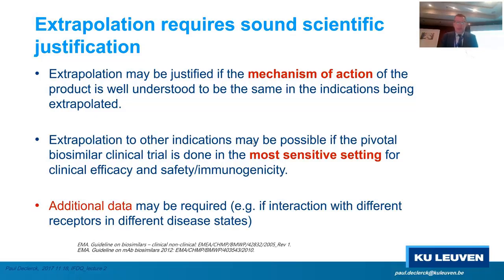Sensitive in the idea that you should be able to detect possible differences in this particular setting if there would be differences. That's also the reason why, for instance, early breast cancer is a more sensitive setting, because the chances that you will detect differences are higher in this study population. There will always remain some questions, so in many cases, after approval, you may have to submit additional data to confirm the justification for this extrapolation.